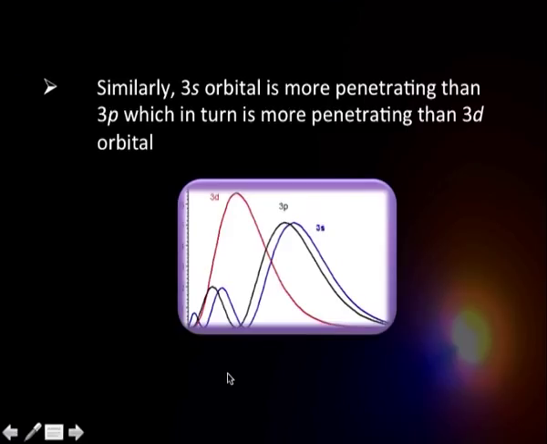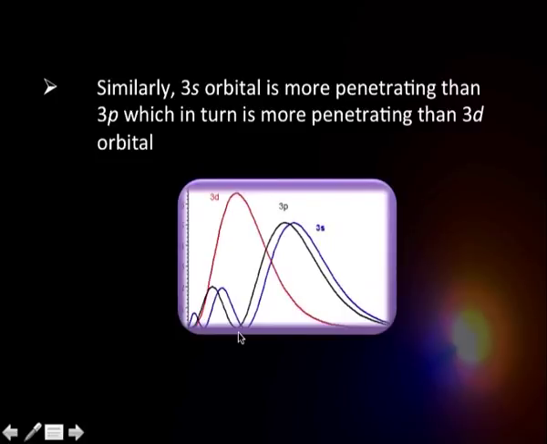If you go further and look into the n equal to 3 levels, the same argument holds. We have a 3s orbital, a 3p orbital and a 3d orbital. You find that s orbitals are more penetrating. 3s can come very close to the nucleus, whereas 3p can come only this close, and 3d can't come beyond this on average.